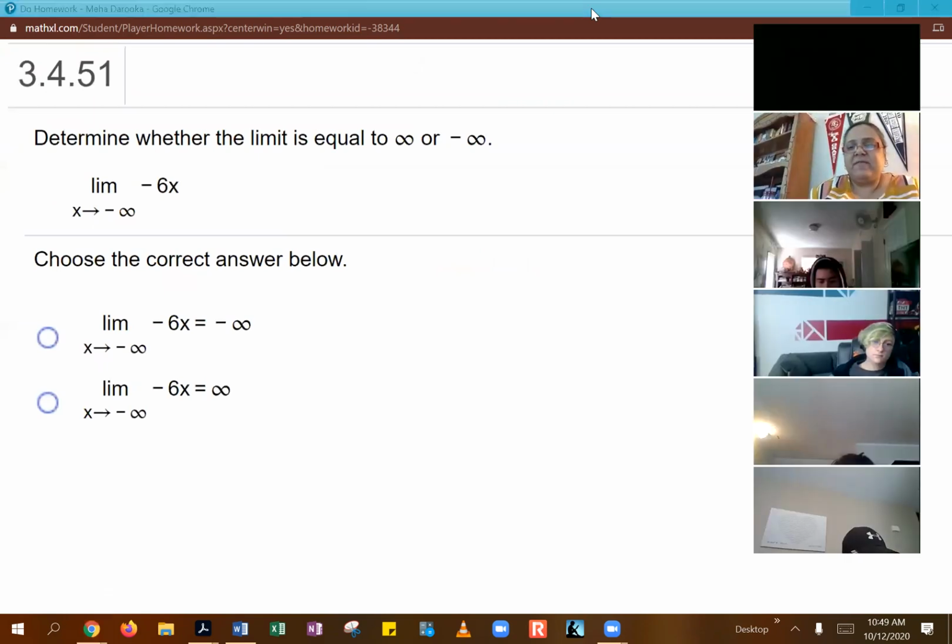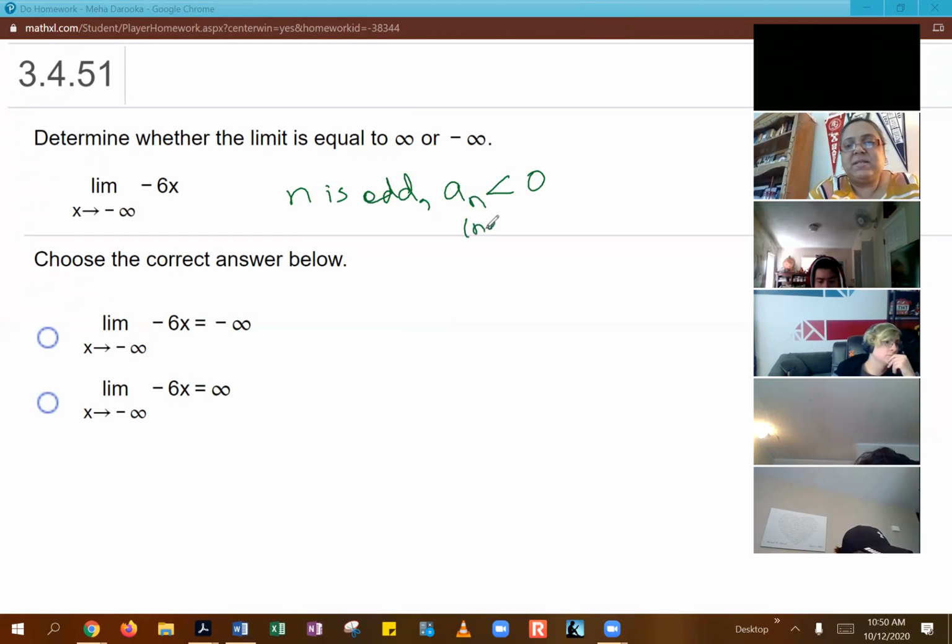So what is our n value? Odd or even? Odd. Yeah, because it's x to the first power, so n is odd. And your leading coefficient, is it positive or negative? Negative, because you have a negative 6.